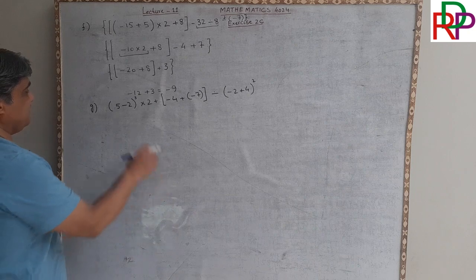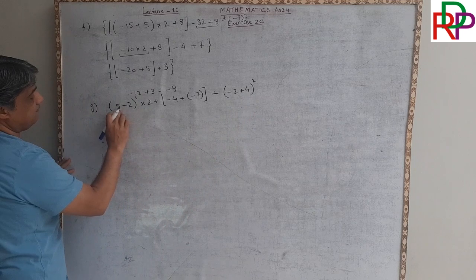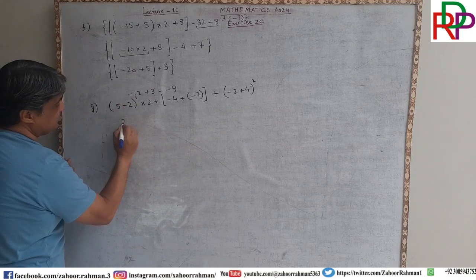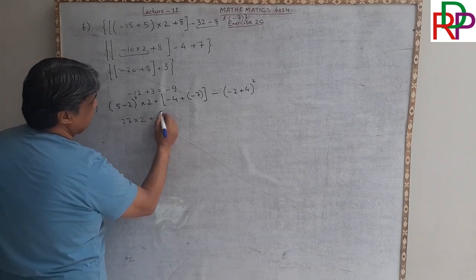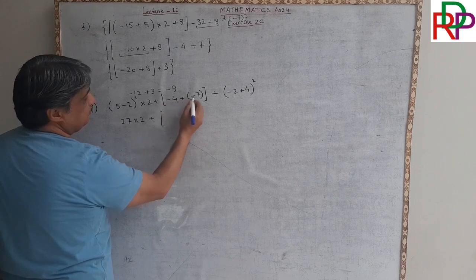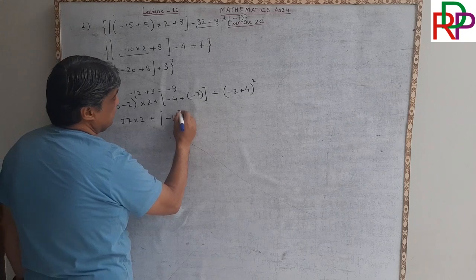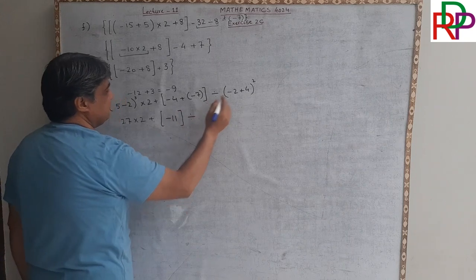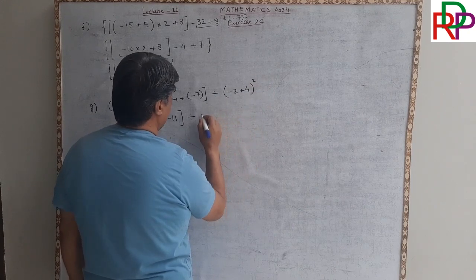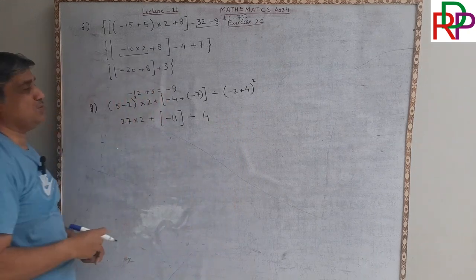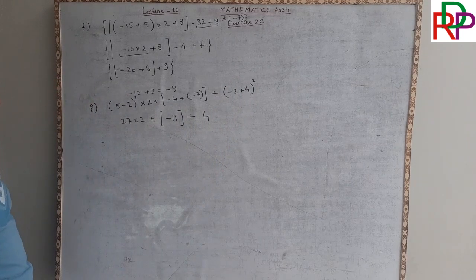Okay, first the parenthesis. So 5 minus 2 is 3, and 3 cubed is 27, multiplied by 2 plus, and then minus 4 minus 7 is minus 11, and then divide by minus 2 plus 4, which is 2, and 2 squared is 4.